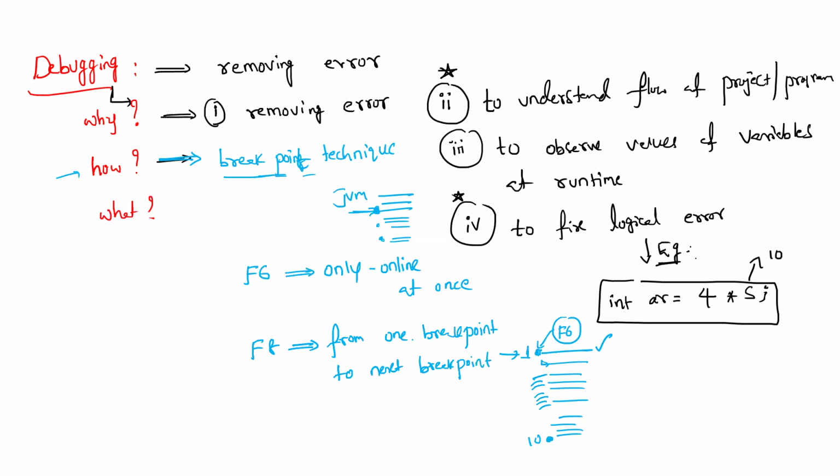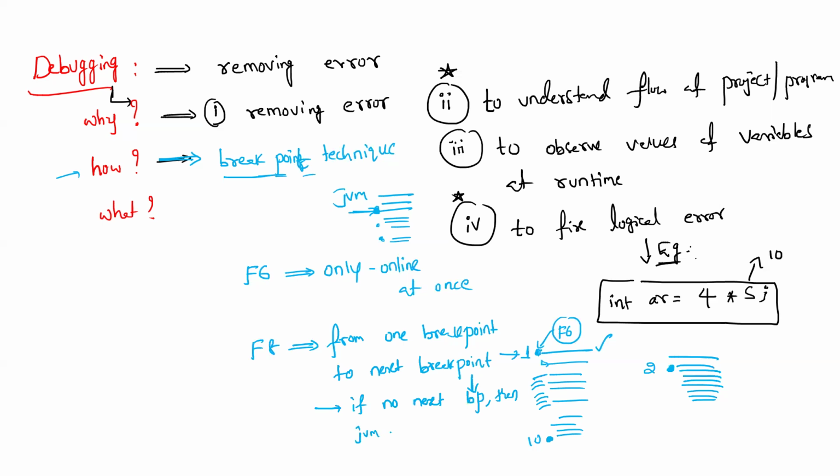Then what if there is no next breakpoint? Assume in my program, there are some 10 lines of code, but I have applied only one breakpoint, in line number 2. But still I am using F8, not F6. Then what should happen? If no next breakpoint, BP I am writing for breakpoint, then JVM completes the remaining program execution.